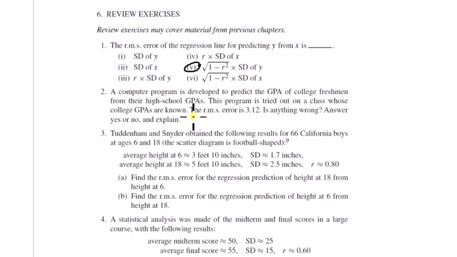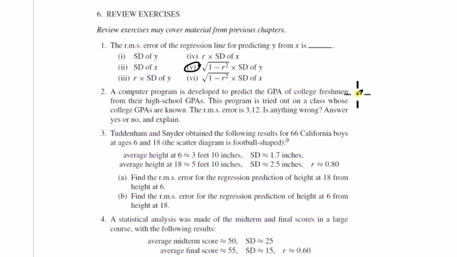So we're predicting GPAs of college freshmen from the high school GPAs. The R.M.S. error is 3.12. I would say yes, something's wrong. The whole idea is if a certain student's high school GPA was 3.2, and I want to predict the college freshman GPA of that student, I'm going to use regression and get something like 3.4.